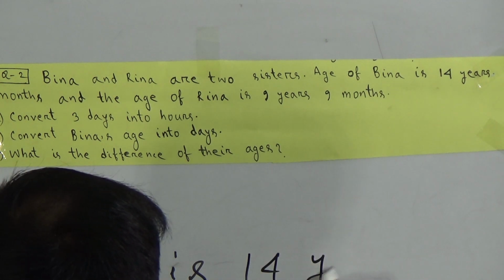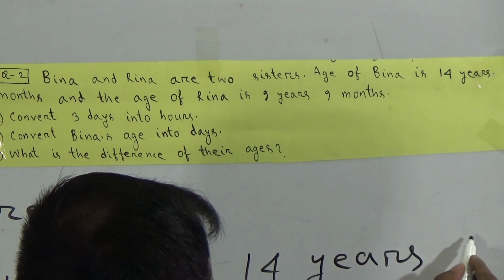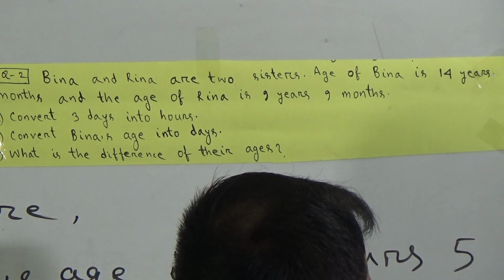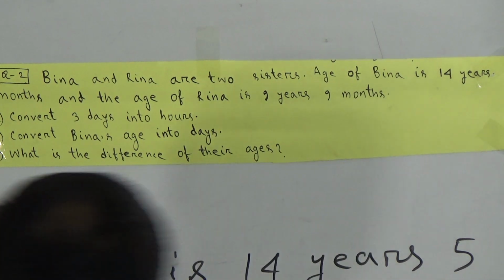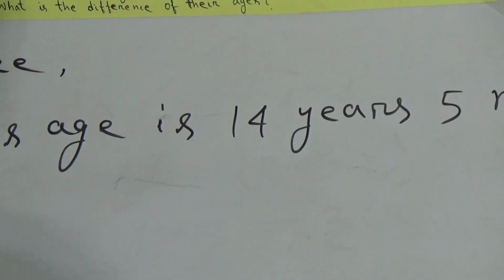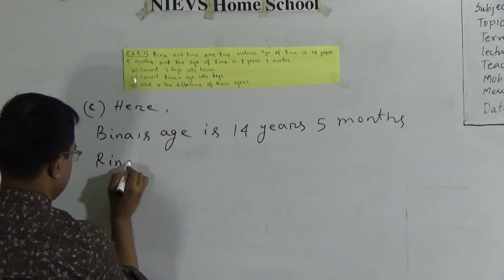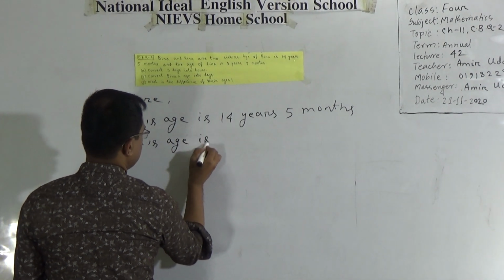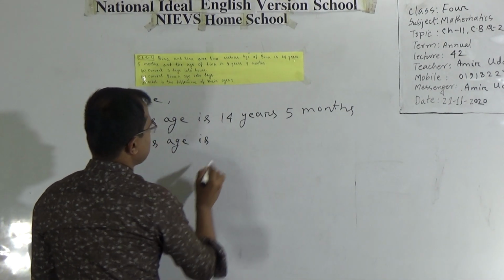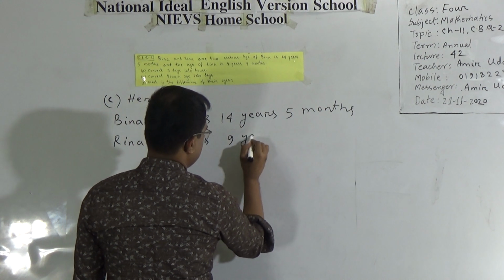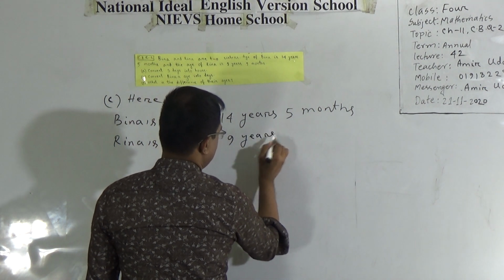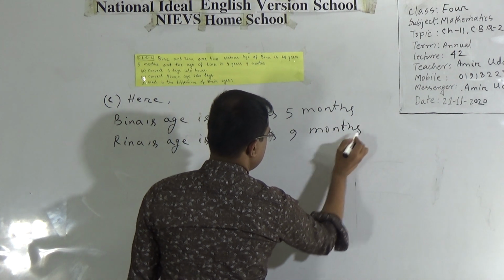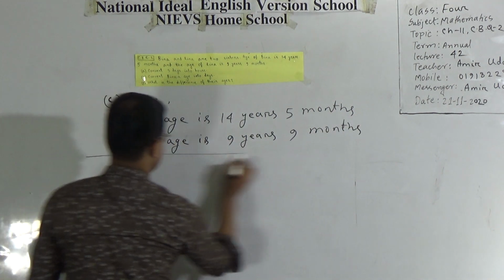Rina's age is 9 years 9 months. Now we have to subtract.